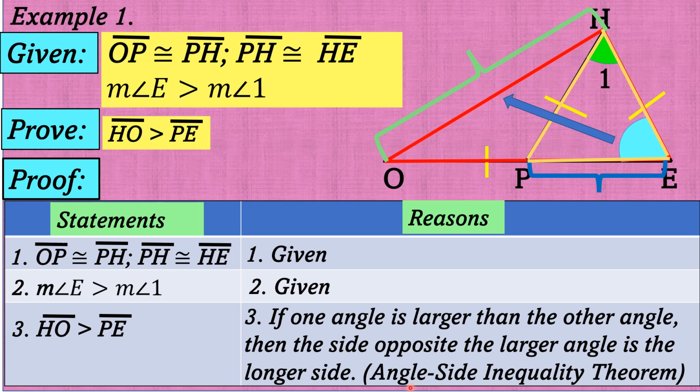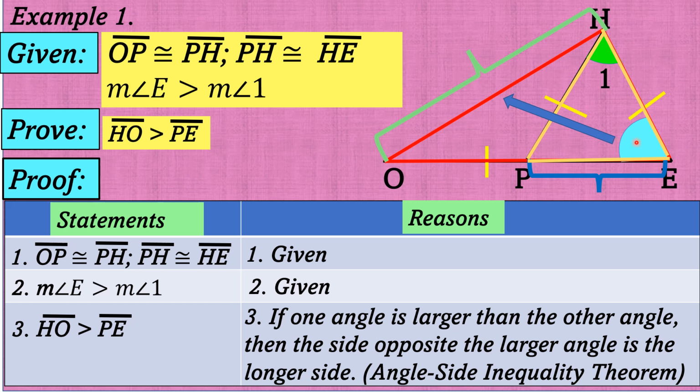Anong reason natin again? The application of the angle-side inequality theorem. Again, sa angle-side inequality theorem, nagsasabi na yung angle na mayroong greater measure, ang opposite side niya, yun ang merong greater or longer measure of length.